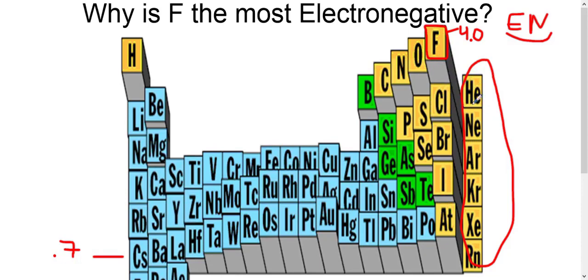Okay, fluorine wants to gain one to be like neon, chlorine, argon. But fluorine's the most electronegative because it has the smallest size, or the fewest energy levels, so the least amount of shielding, so those electrons are held tighter. And so it really, really wants to gain one more to fill that highest energy level.